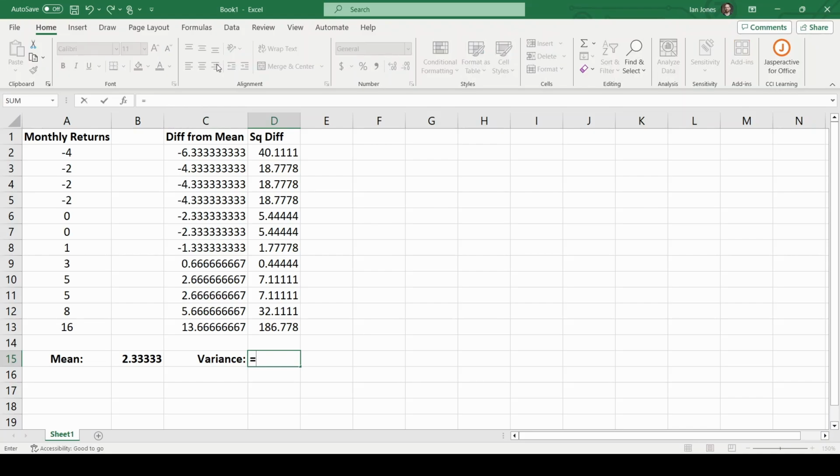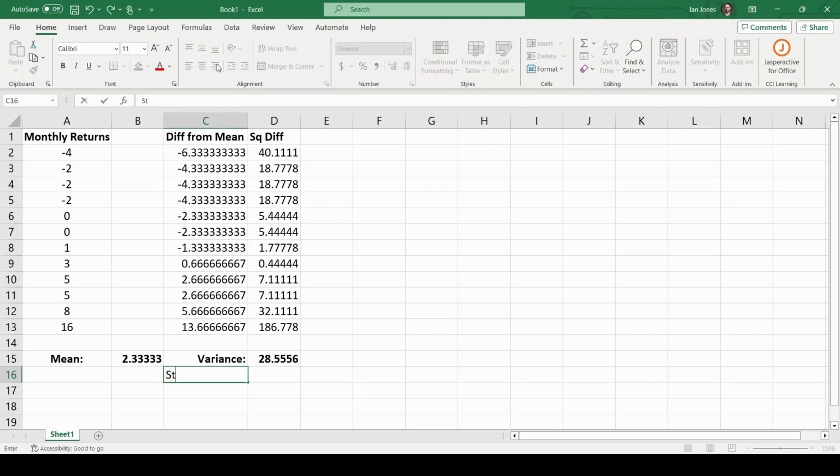And I'll go equals average from cell D2 colon down to cell D13, bracket, enter. Okay, so our variance is 28.6, about 29. That's how spread out this data is according to the variance calculation.